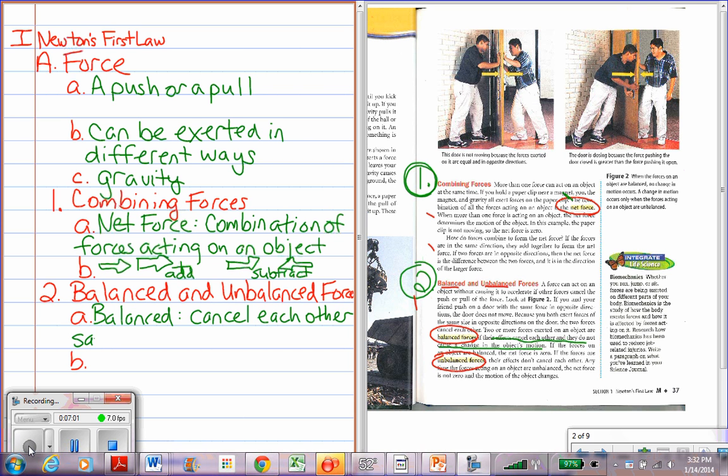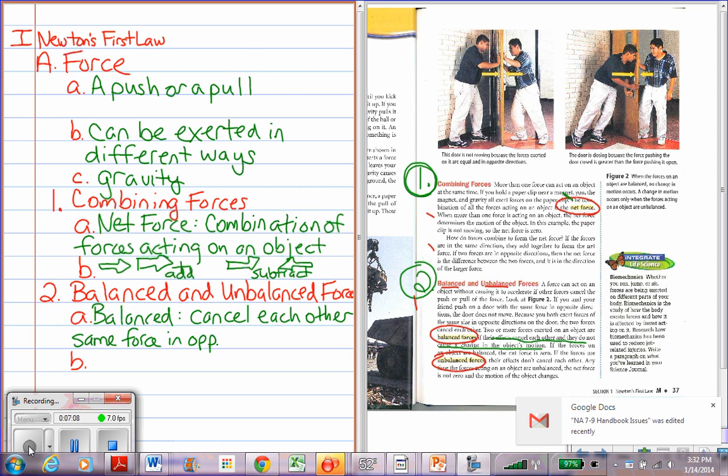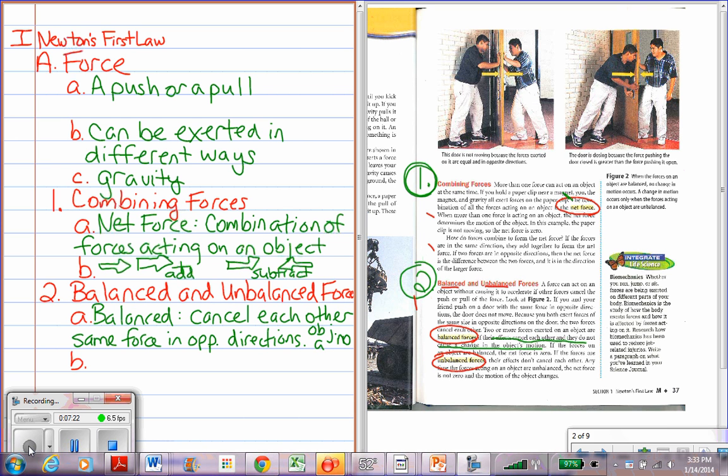It's the same force in opposite directions. The object doesn't accelerate. I'm sorry, this is messy. We're not going to write that down.